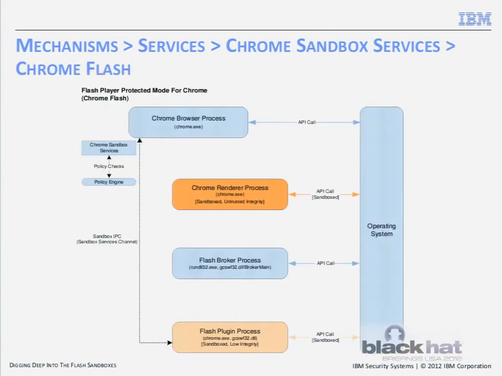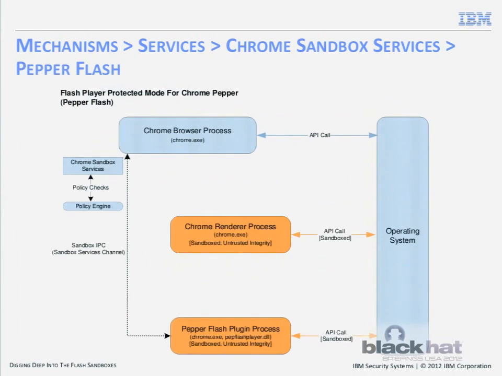To visualize, the Chrome Sandbox services are hosted by the Chrome browser process and are callable by the Flash plugin process, and they handle forwarded APIs. Same with Pepper Flash: the Chrome Sandbox services are callable from the Flash plugin process and handle forwarded APIs.